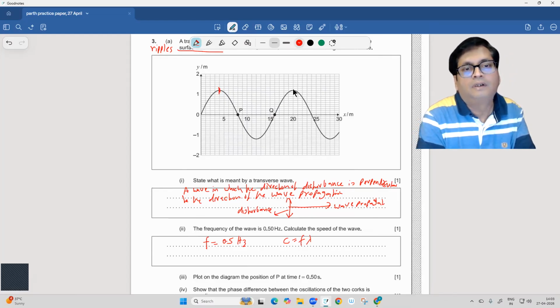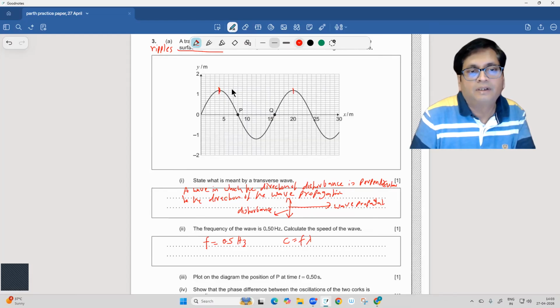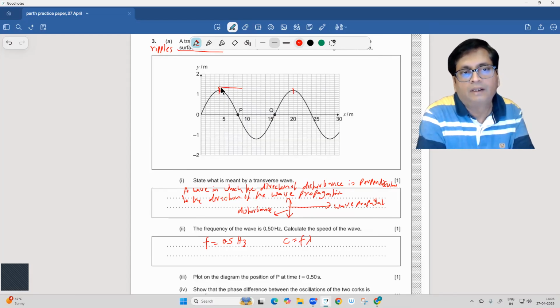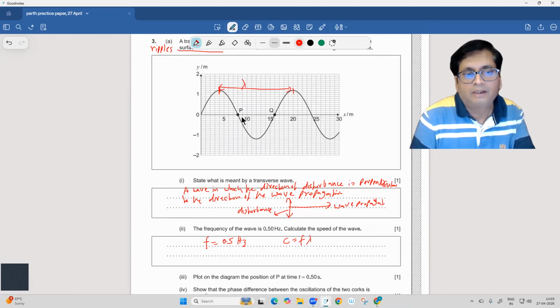We can just see on the graph. The distance between these is lambda. It's around 16 meters. This is like lambda by 4, this is lambda by 2, right?